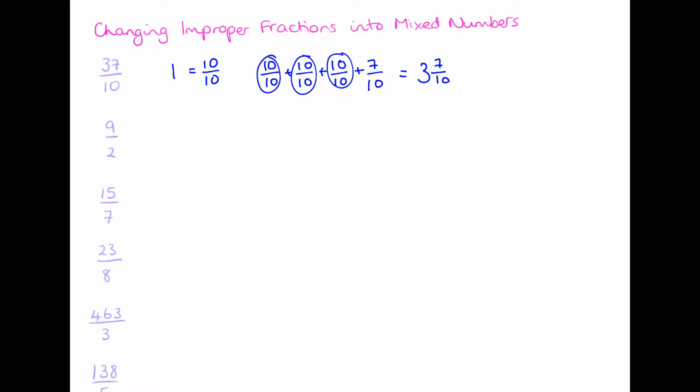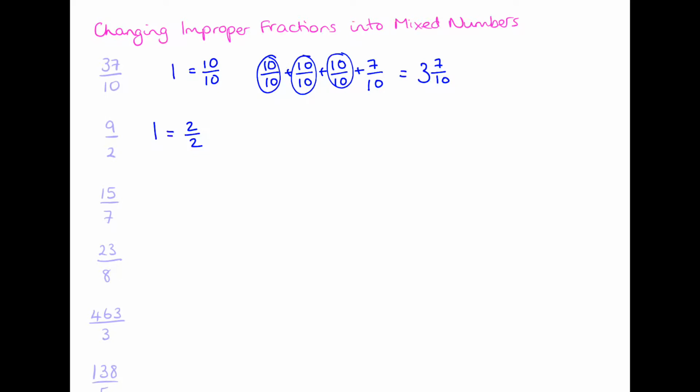That's not the easiest way to do it. It's not the quickest way, but we're going to do the next one like that as well, just to make sure we understand why the strategy that I'm going to show you works. Remember, when we're dealing with halves, a whole one is 2 halves. In a fraction, whenever the numerator and denominator match, that means a whole one.